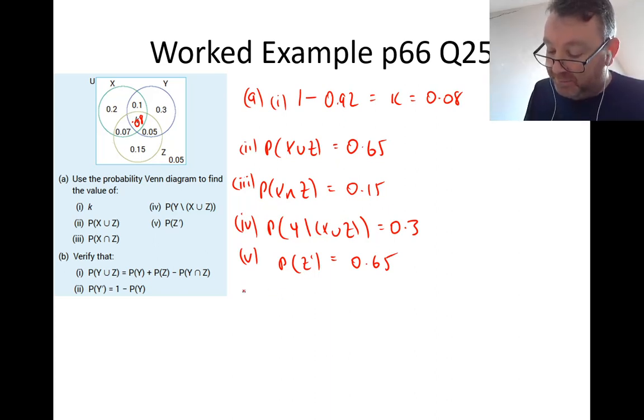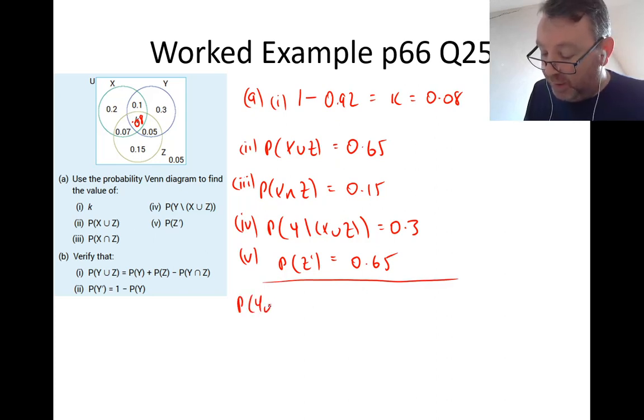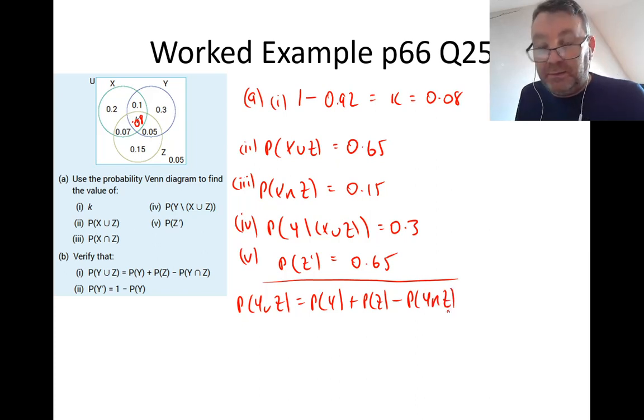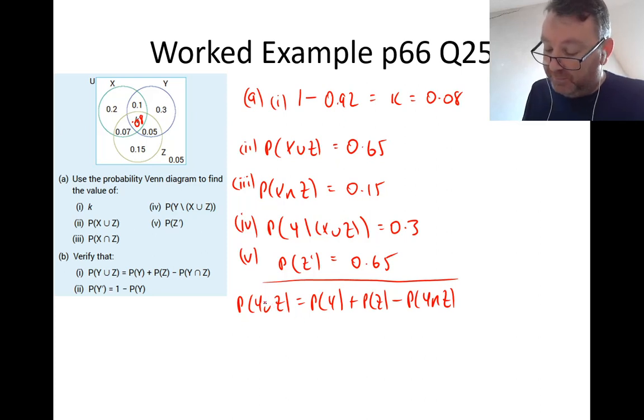And then the second part, B, says that they want you to verify the following. P of y union z is equal to P of y plus P of z minus P of y intersection z. Again, notice there is overlap. They're not mutually exclusive. So therefore, probability of y union z.